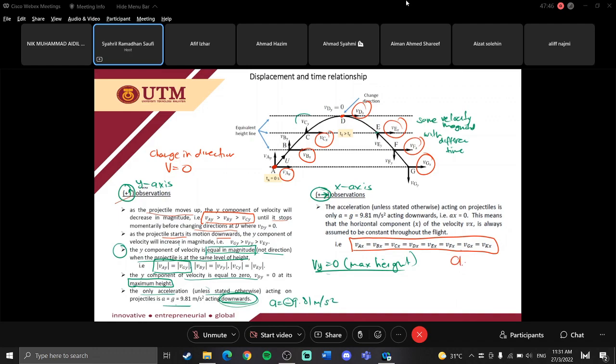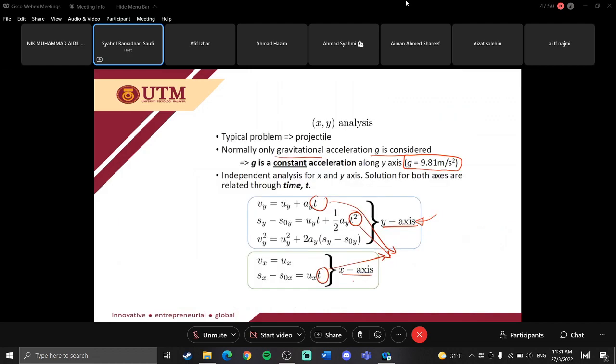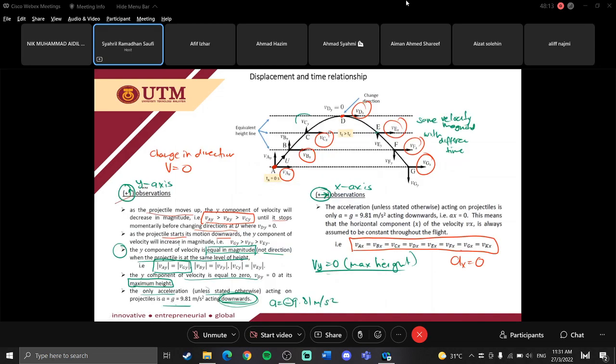the acceleration along x is 0. If you refer to this axis, there is no acceleration along the x-axis because we assume that throughout the projectile motion the velocity is constant. So you don't have acceleration along the x-axis.